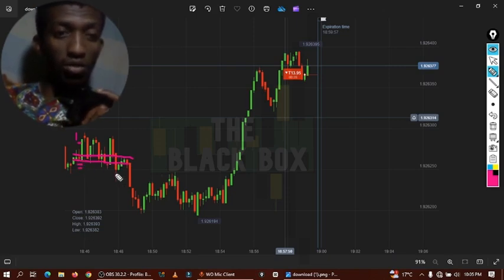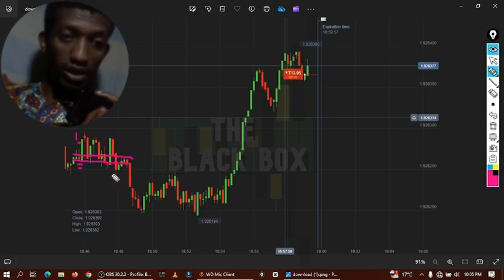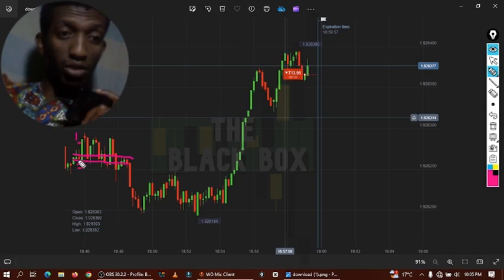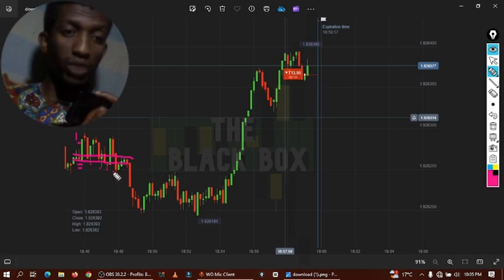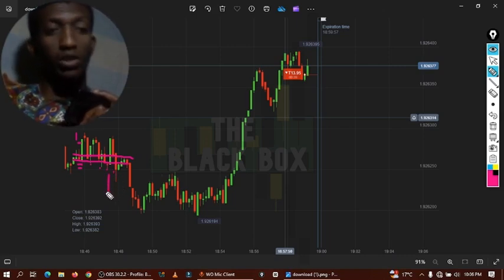I am going to use this black box as my entry right here. It already showed us one break, two further down, three further down, the third time it went down. So exactly right there, as soon as my stop loss is hit, I am entering a trade in the opposite direction, a sale.